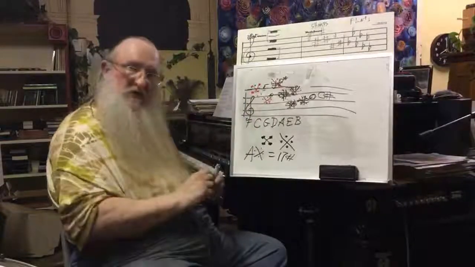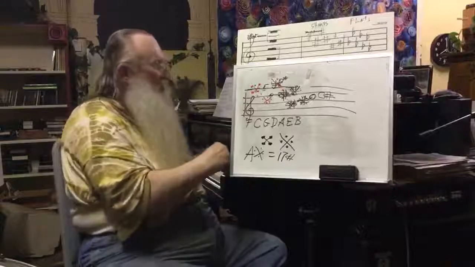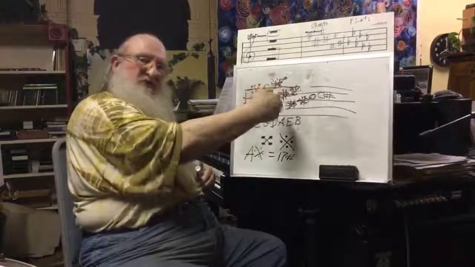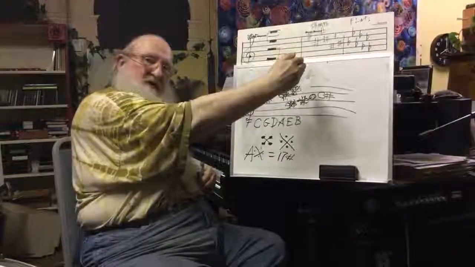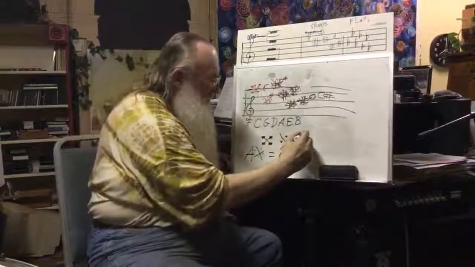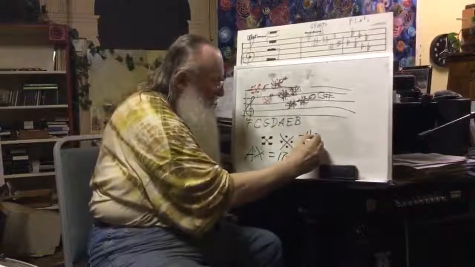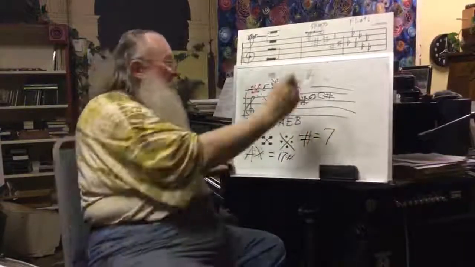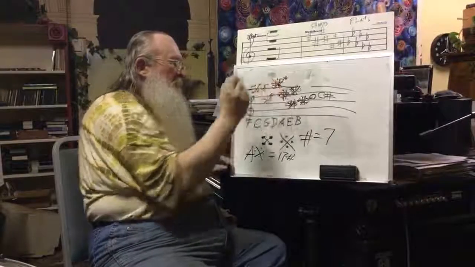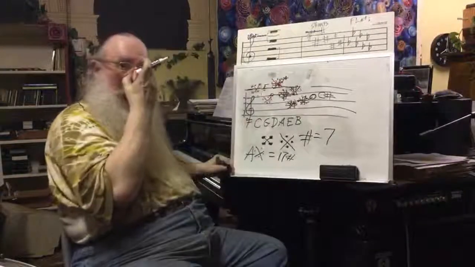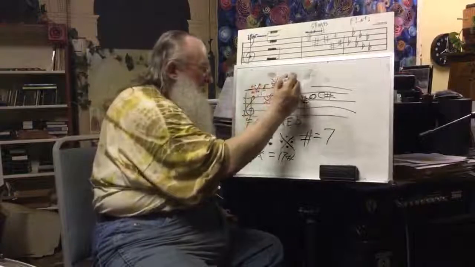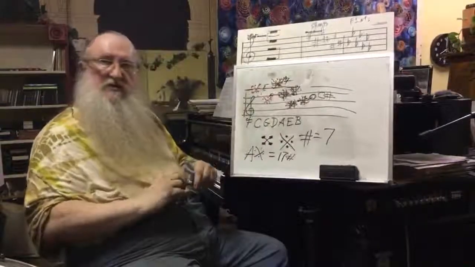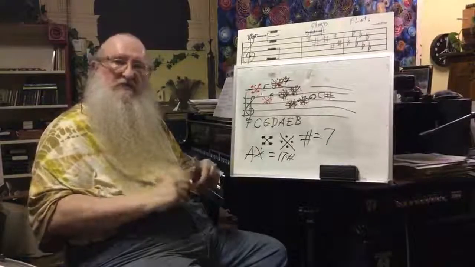But by interval, here's the interesting thing. I always know that the last sharp that entered the system is always going to be the number 7 being modified. So I can just say to myself, sharps equal the number 7. And I can take this double sharp here, or this triple sharp, go up to the next line and say, that next line is where the number 1 is, and just start playing 1, 2, 3, 4, 5, 6, 7.